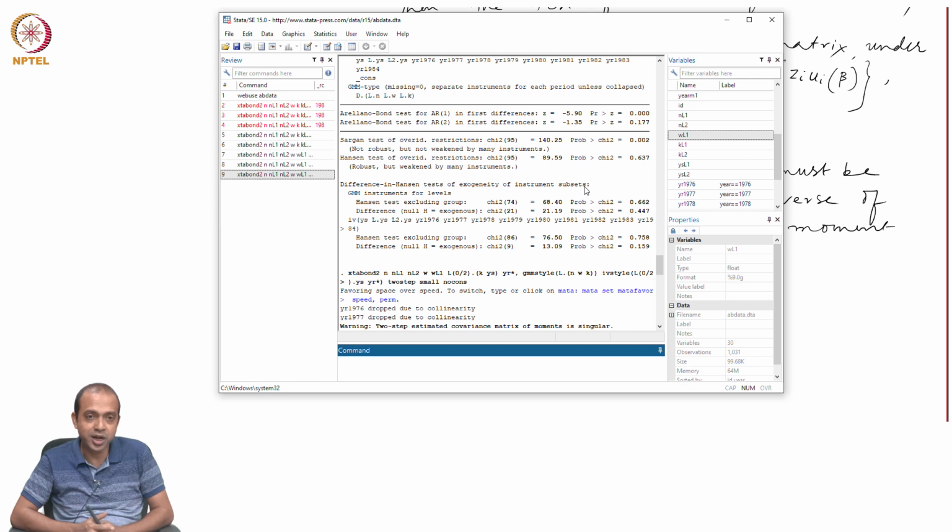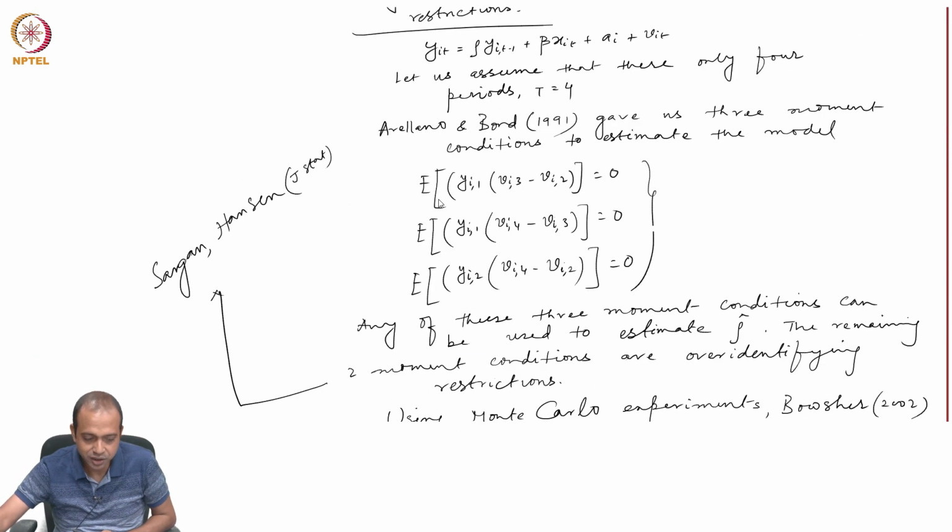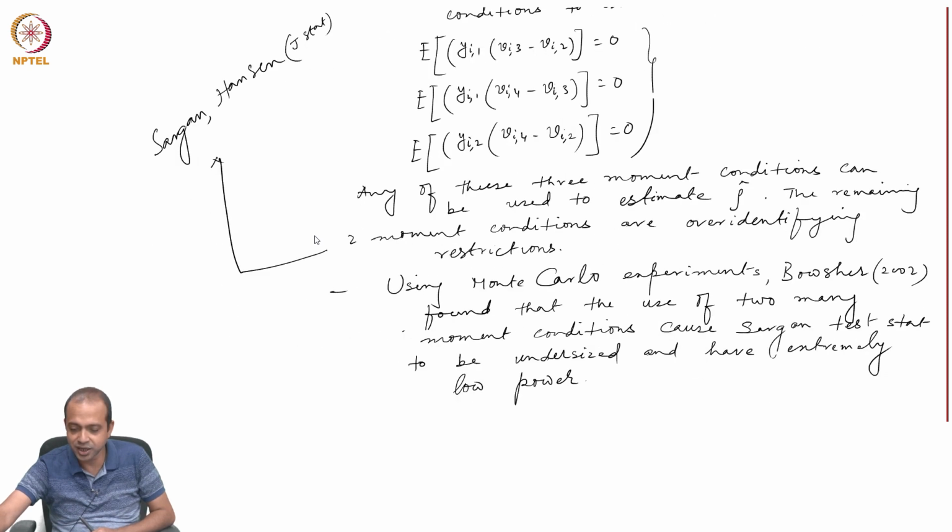And then we showed that the Sargan test has some problem. Look at what we have written here: there are two tests to test whether identifying restrictions are valid or not. One is Sargan, the second one is Hansen, and then there is this use of too many moment conditions.